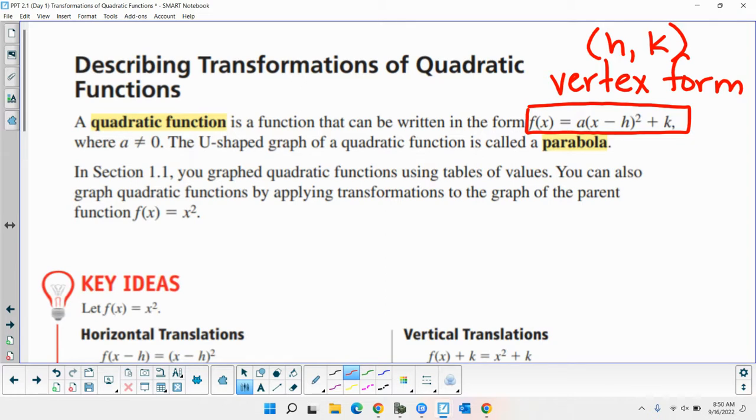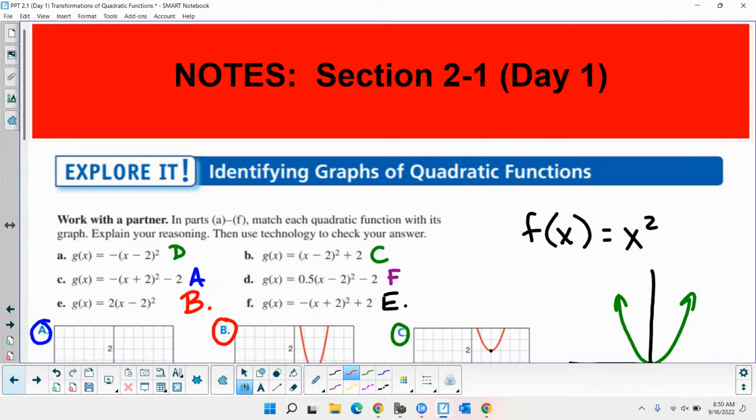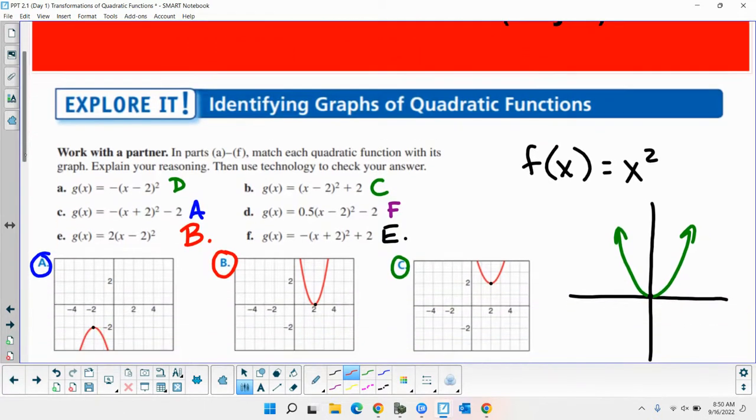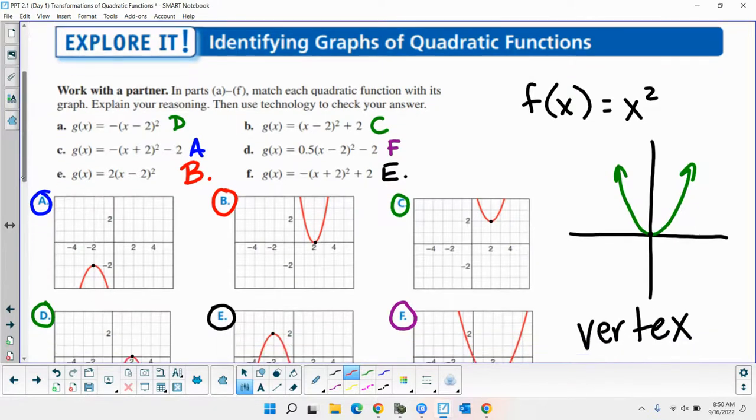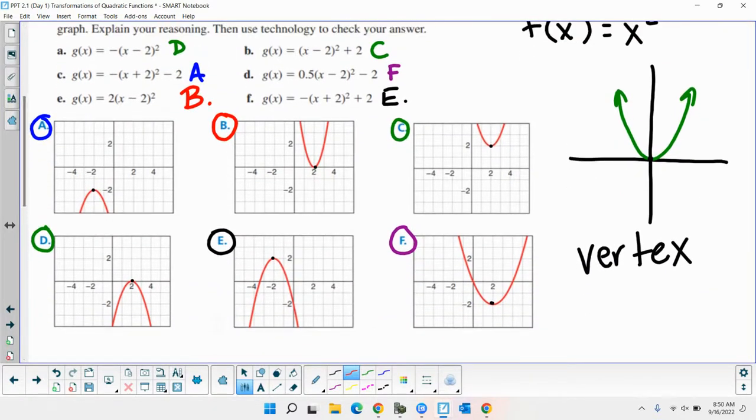So if we go back, let's just look at A here, which was D, right? The vertex is positive 2 because it's what makes that 0. If I put a 2 in for x, I get 0 in there, okay? Or you think of it as the opposite, all right? So the vertex is the opposite of that, minus 2, 2.